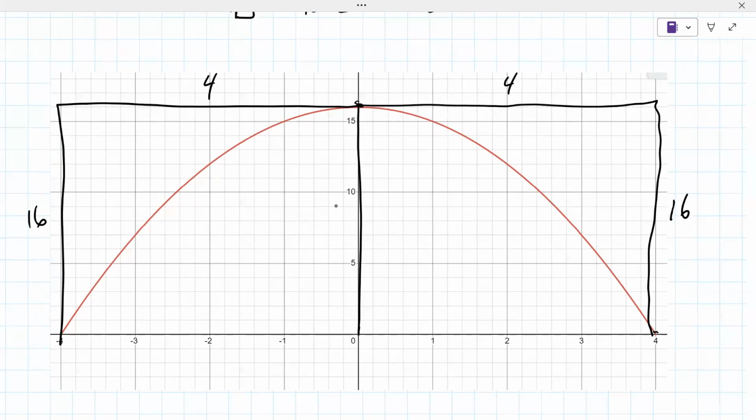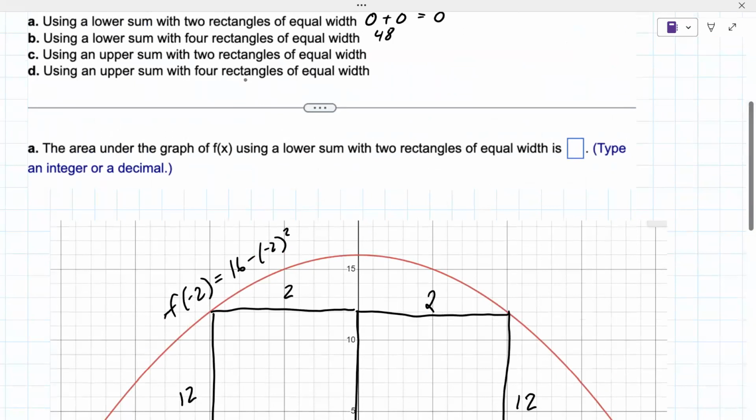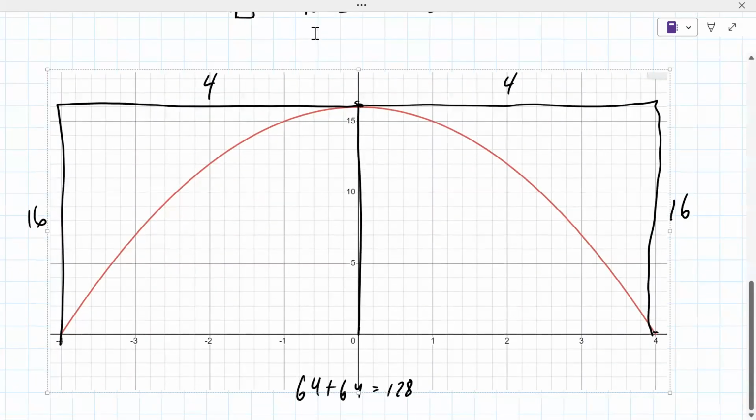So it'd be 16 times 4, 64 plus 64, which is 128. Okay, now that's for two rectangles, 128.